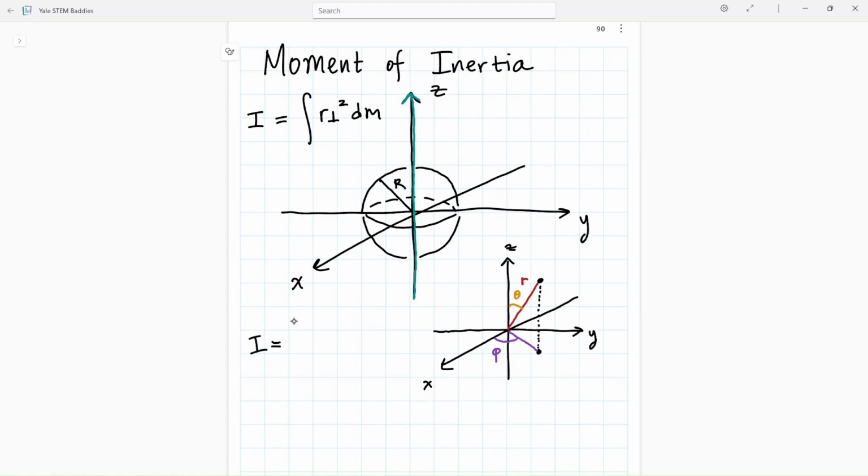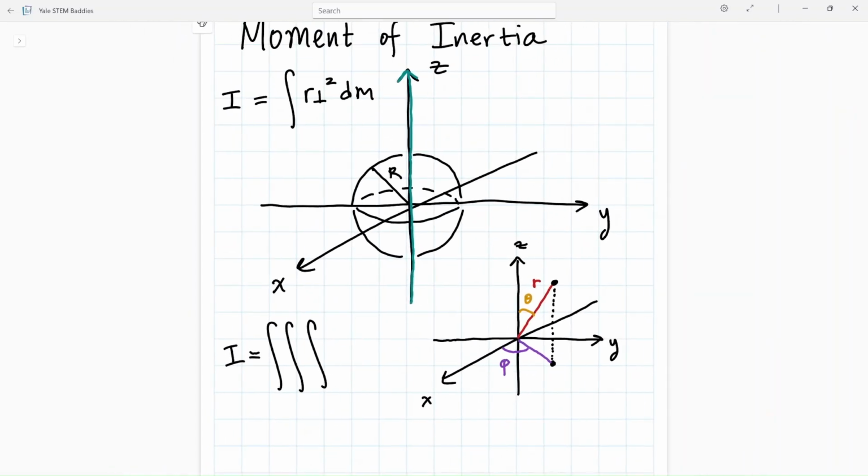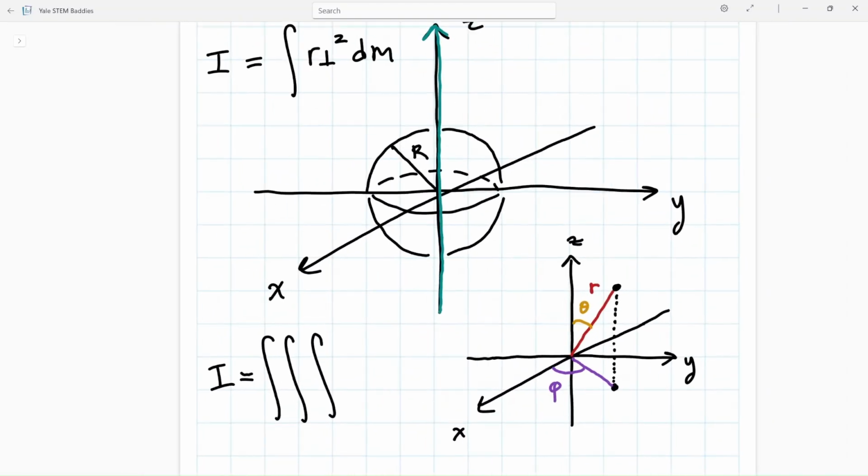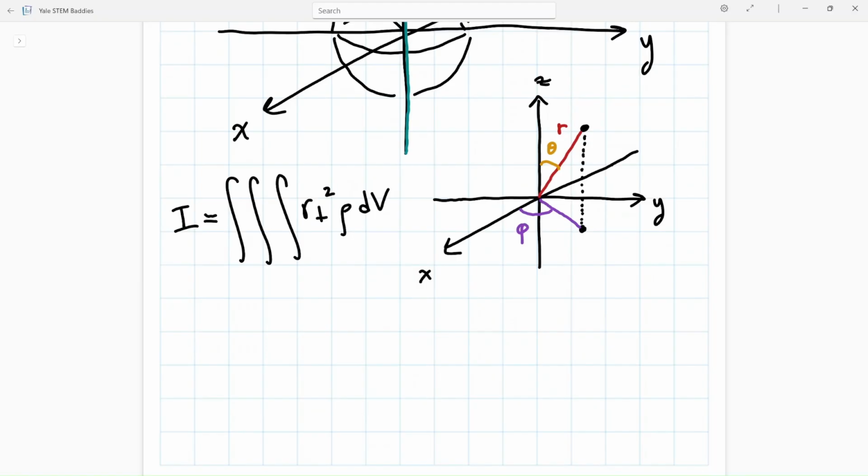First of all, we know that our integral is going to take place in 3D. We have this perpendicular radius, and then instead of representing our variable of integration as dm, I know that dm is also equal to density times volume, density times our volume differential.